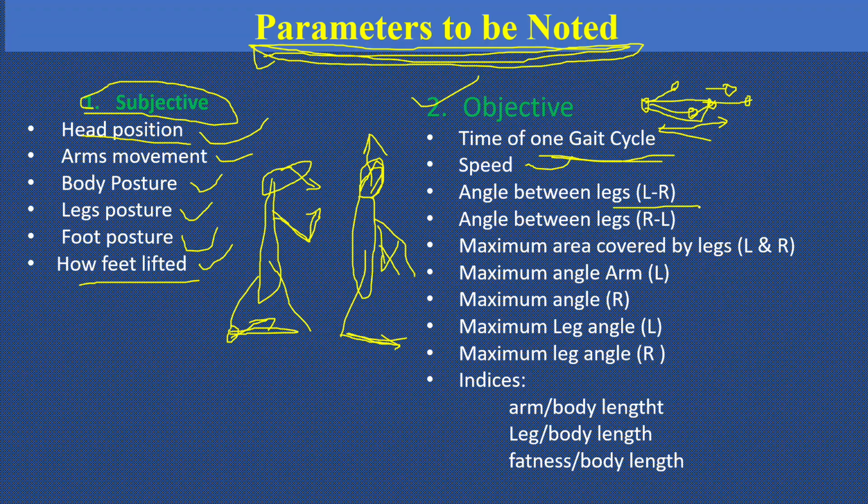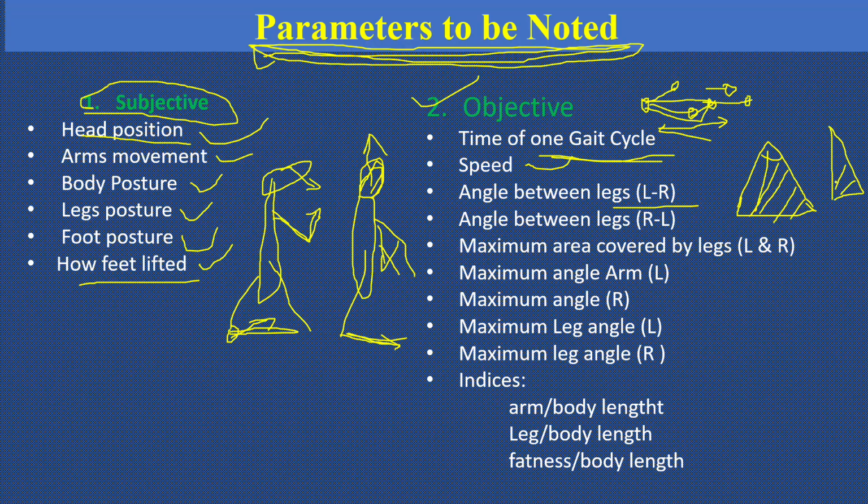Suppose left leg or right leg angles, the angle between the right and left leg. The maximum area covered by the legs may also be important. Somebody moves covering a big area and somebody walks covering a smaller area.